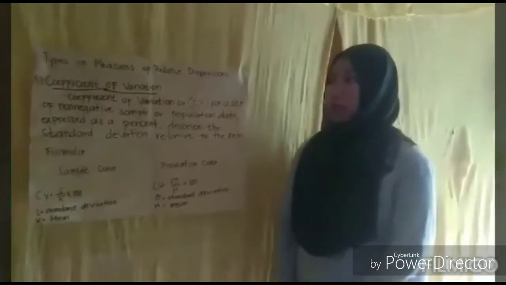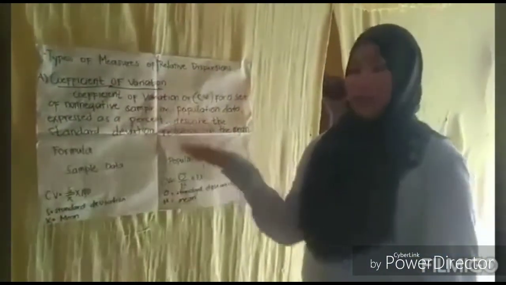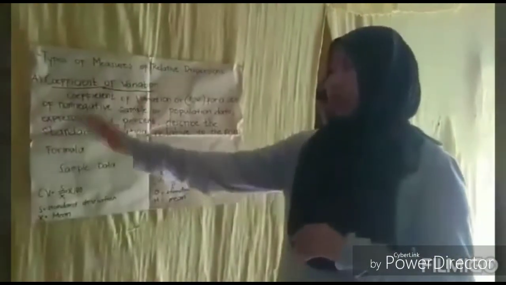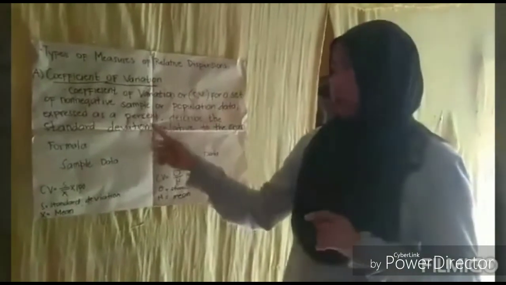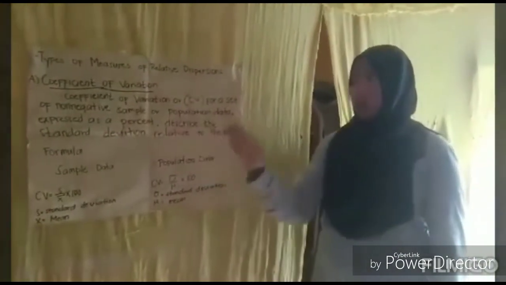That's all. Good morning, ma'am. I will discuss the coefficient of variation. What is the coefficient of variation? The coefficient of variation, CV, for a set of non-negative sample or population data, expressed as a percent, describes the standard deviation relative to the mean.